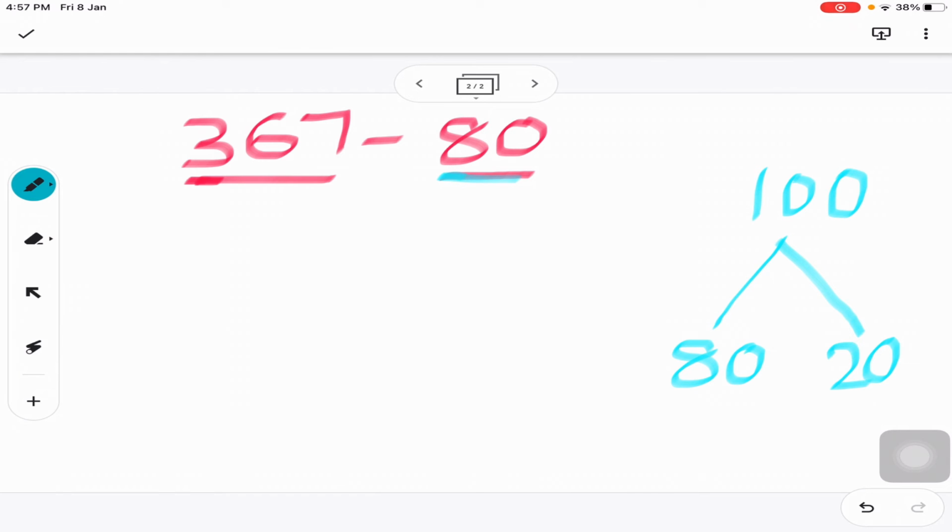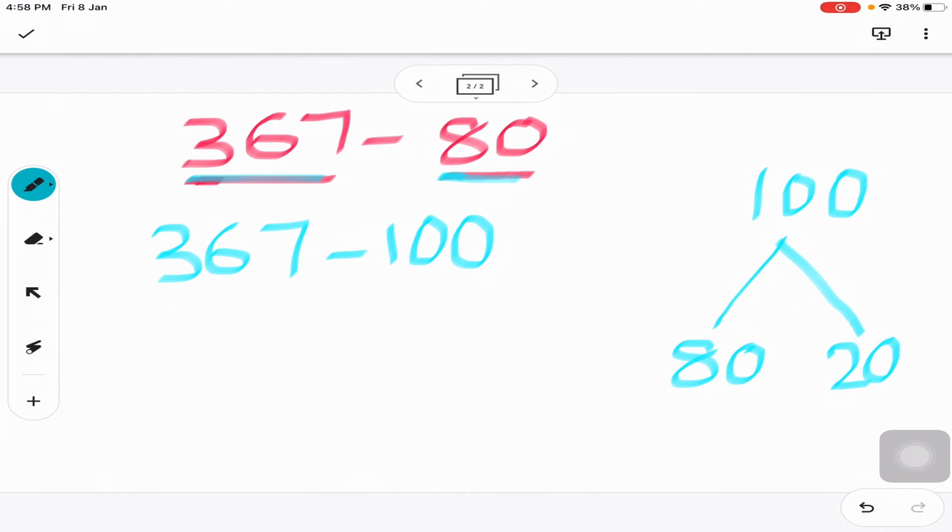And now I'm coming back to this part. We have 367. And now I'm going to subtract 100 from this. Instead of 80, I'm going to subtract 100. Why? Because subtracting hundreds from 100 is easier than subtracting any other number.